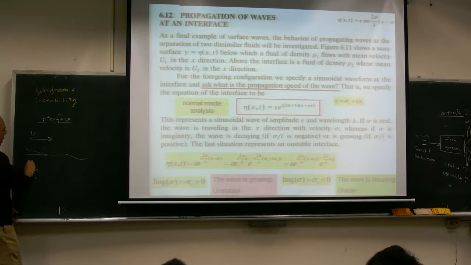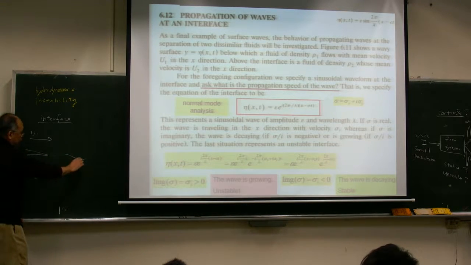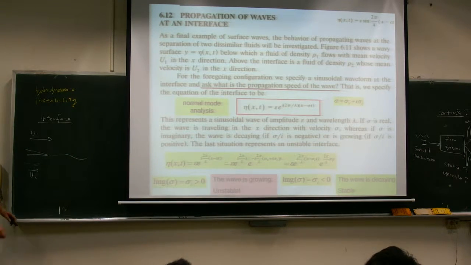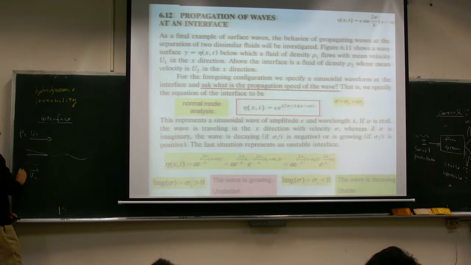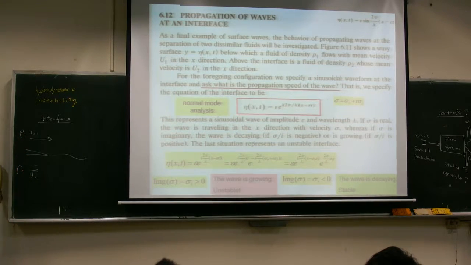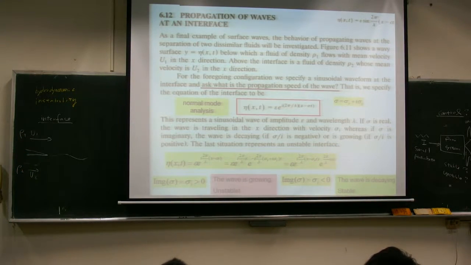Some flow is below here, and some flow is above the interface. Sometimes we have different density, instead of different speed, and try to see.